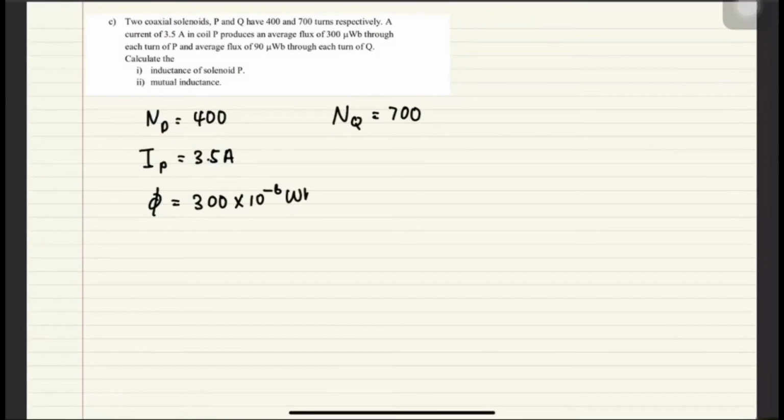For Q, the flux is 90 times 10 negative 6 Weber. Calculate the inductance of the solenoid P.